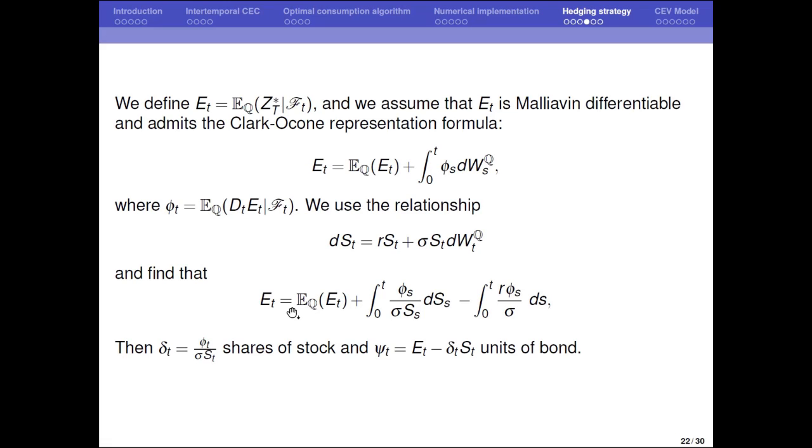Applying the Clark-Ocone representation formula, it has this shape, where we define delta as phi over sigma S_t to find the number of shares of the stock I need to hold, and just take the subtraction E_T minus delta S_T to find the units of the bonds.